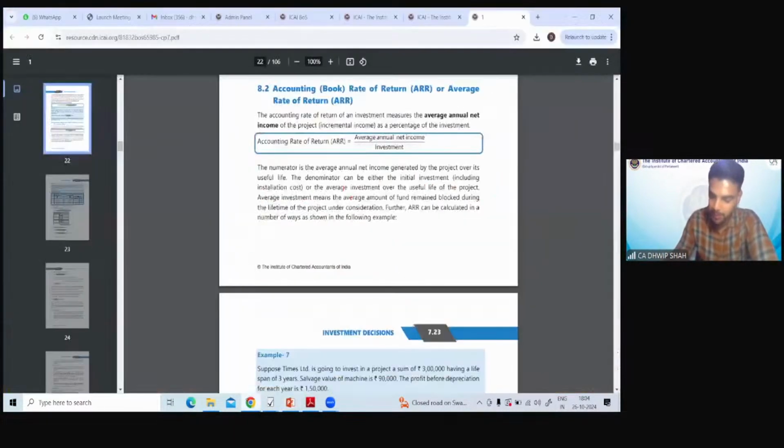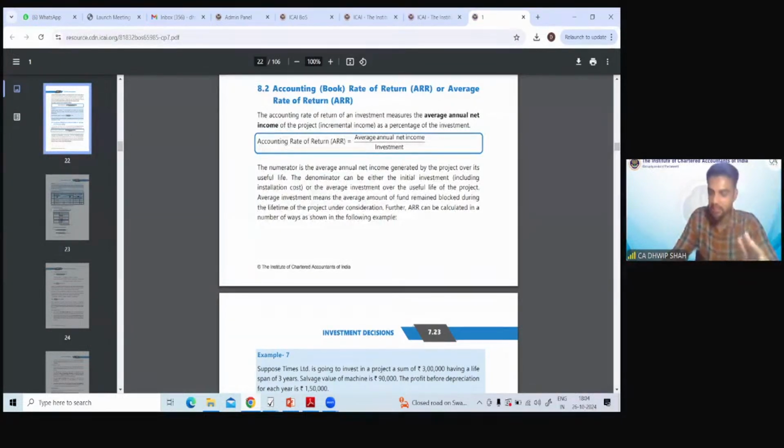So everyone please open page number 7.22 of your module. In case you have not opened, I have shared here on the screen as well. So my accounting rate of return, can you see the formula?